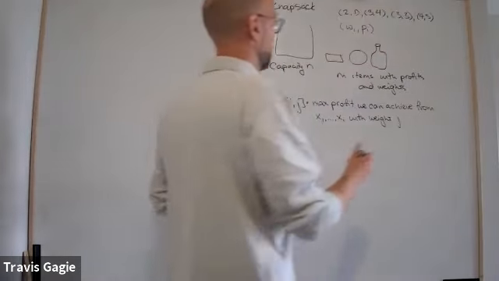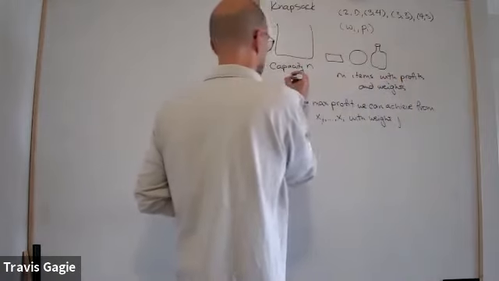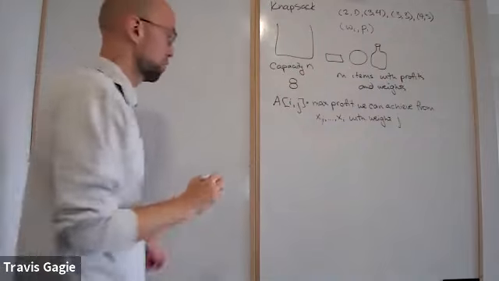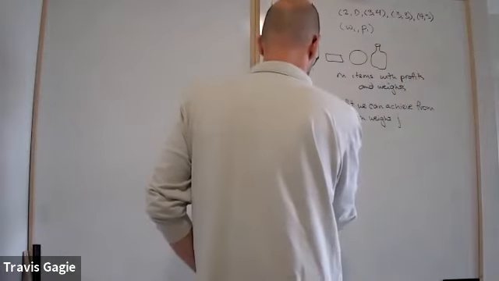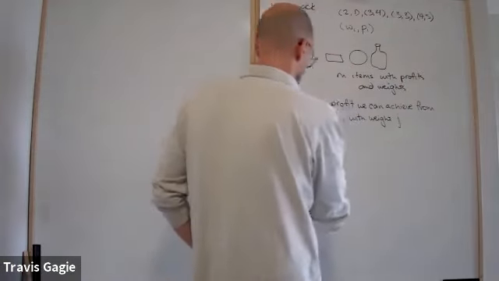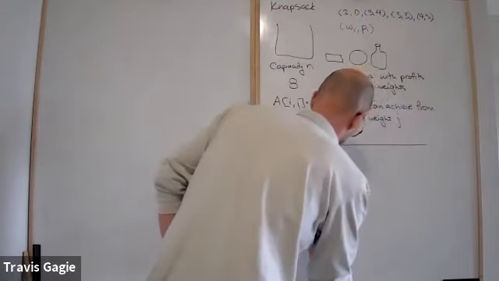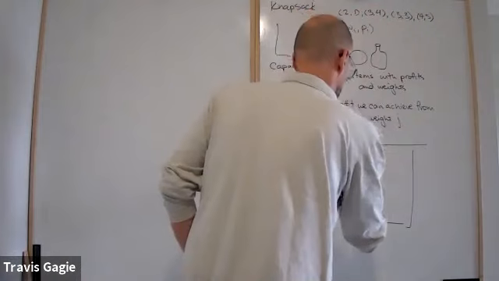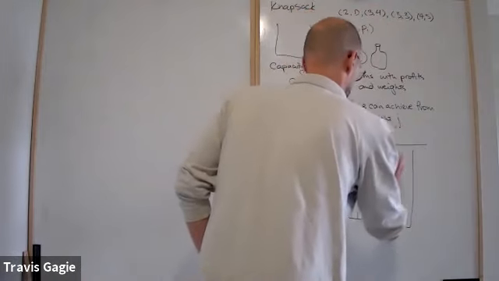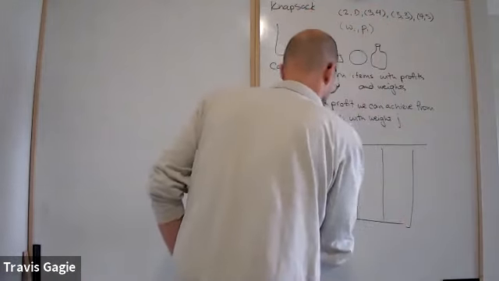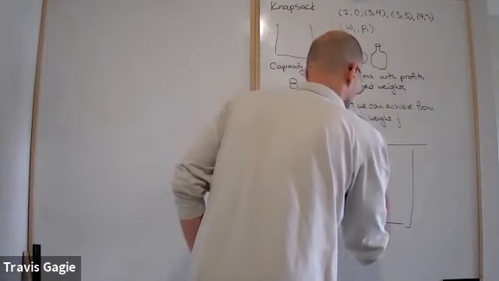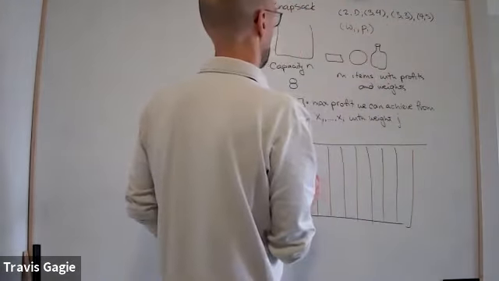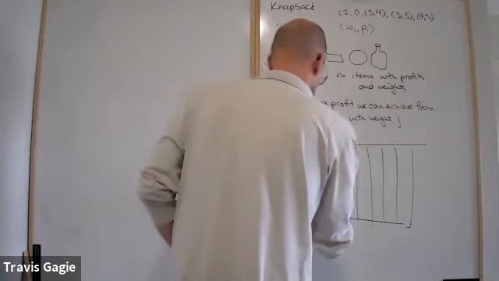And let's say capacity is 8. Okay, so once again, we write the matrix. How many of these things do we have? We have 4.